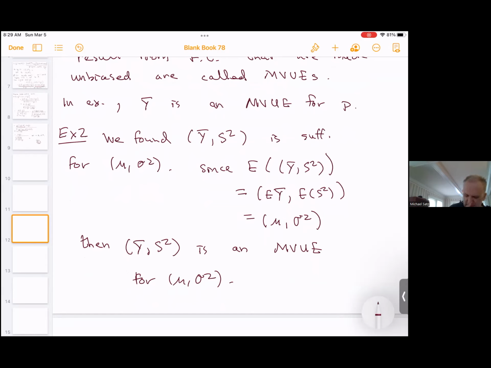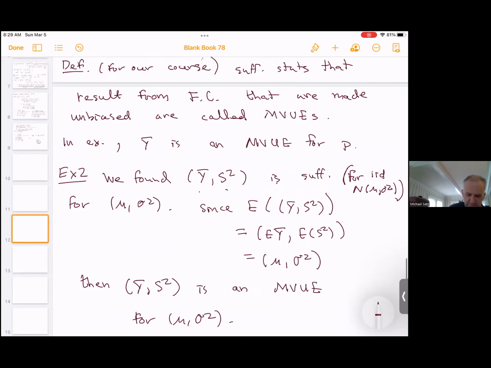Now, just to be clear, this is sufficient for these, and this was for, because I'm referring to the example above, IID normal mu sigma squared. Because sometimes, sure, we use these for all kinds of distributions, so that should be made clear here too.